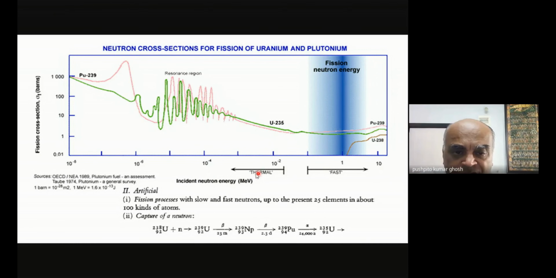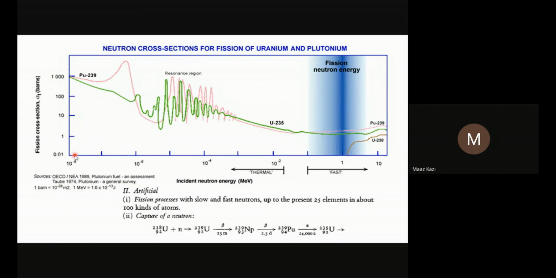When we say neutron energy, it is basically the velocity of the neutron. Now what happens is that when you slow down the neutron, the cross section of the reaction with uranium-235 becomes much higher. This is that green line, and this is a logarithmic scale: at 1000 over here it is 0.01.